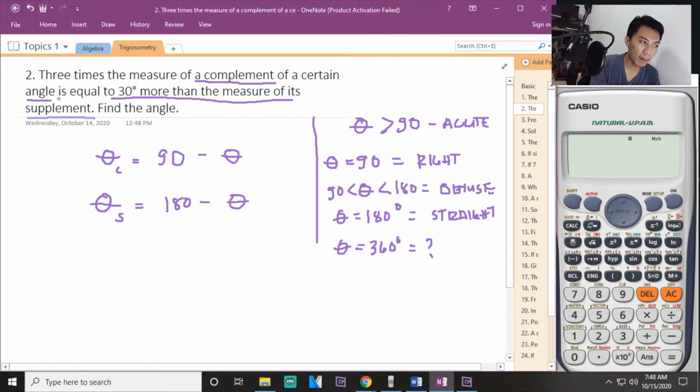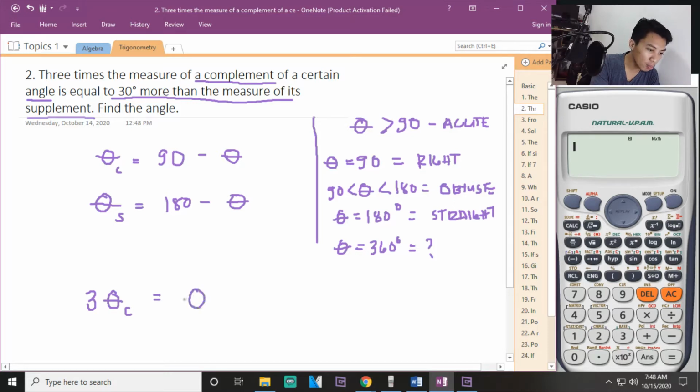So, going back, you put this algebraically worded problem. 3 times the measure of the complement of a certain angle. So, sabi dito, 3 times the measure of your complement is equal to 30 more than the measure of its supplement.